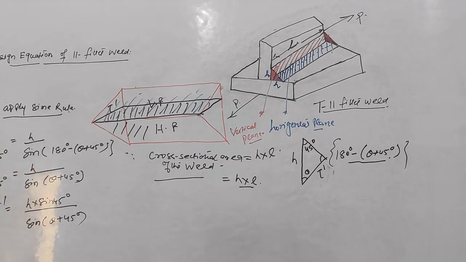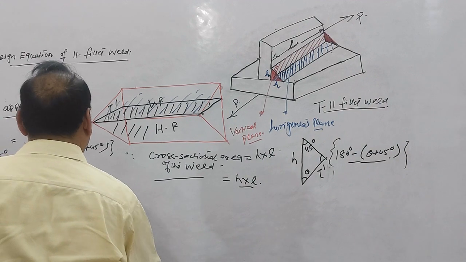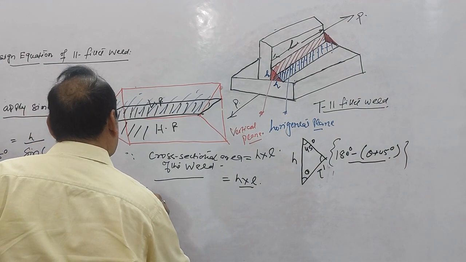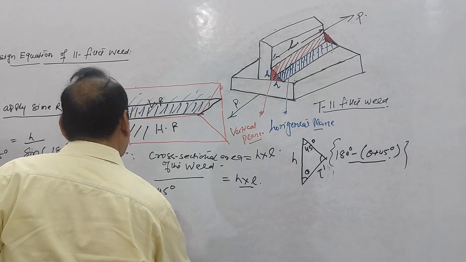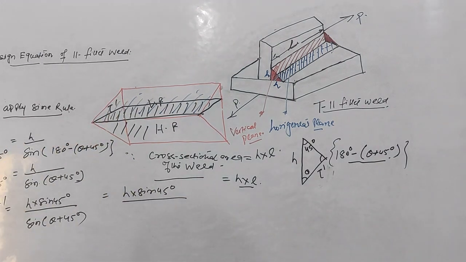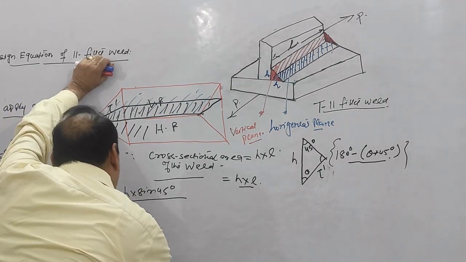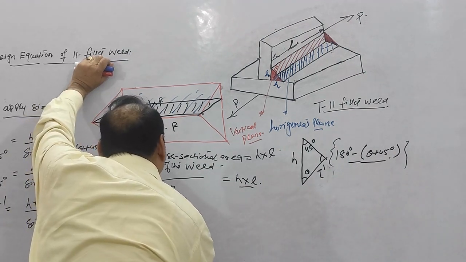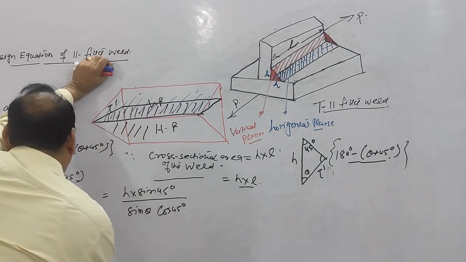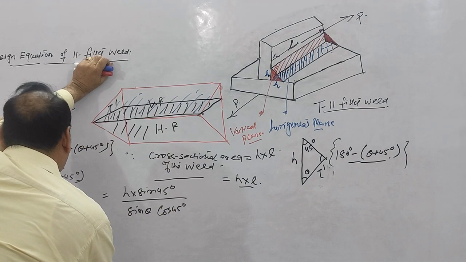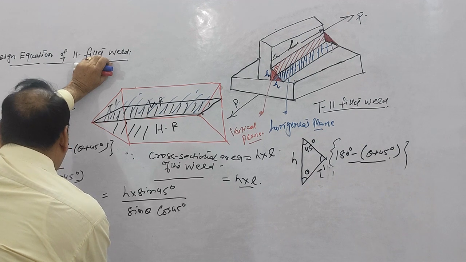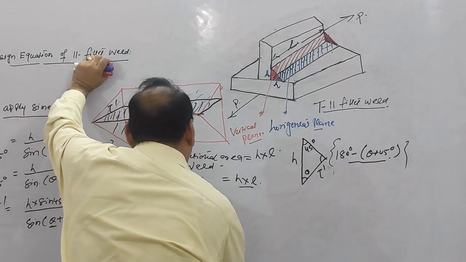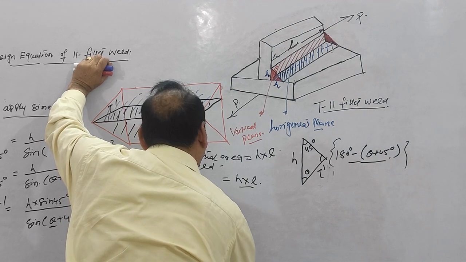Or you can say this is equal to h into sin 45 degree divided by sin A cos B plus cos A sin B. I just say this is A and this is B. So that is sin theta cos 45 degree.